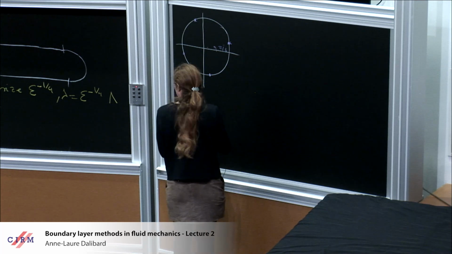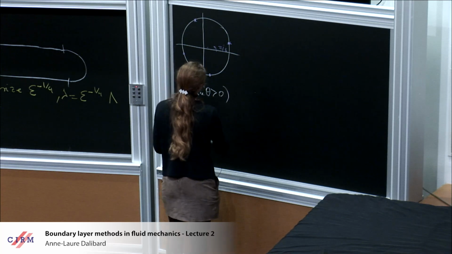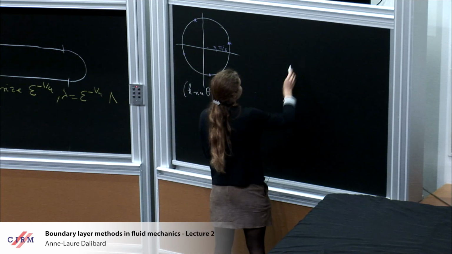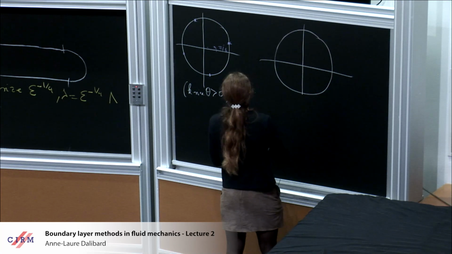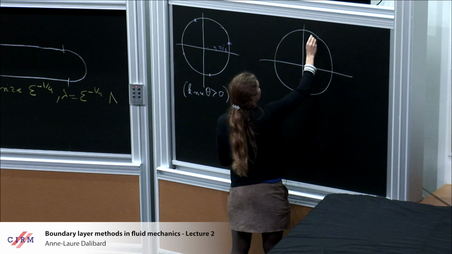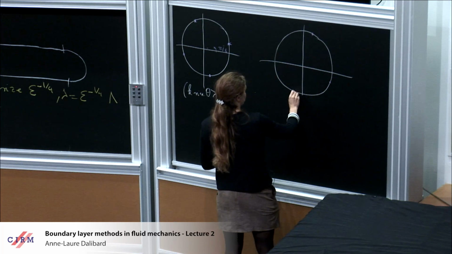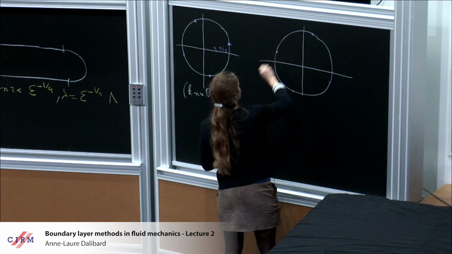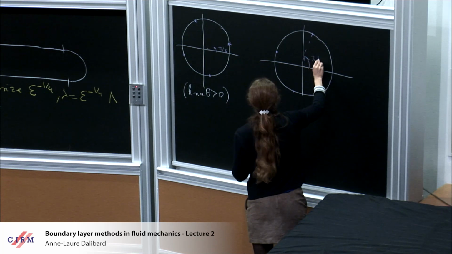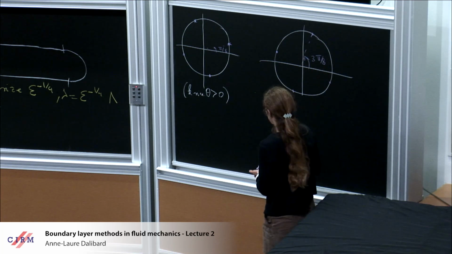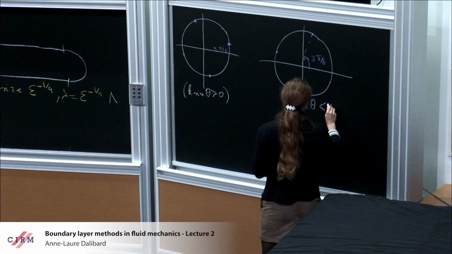So this is the case when k sine theta is positive, and otherwise the picture is not very good, but you get the spirit. It's like this. So this is 3 pi over 8. And this is in the case where k sine theta is negative.